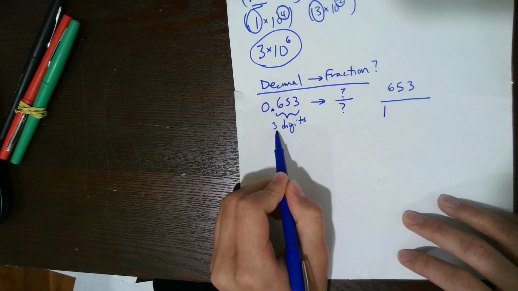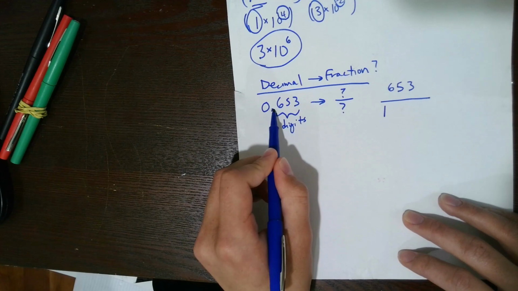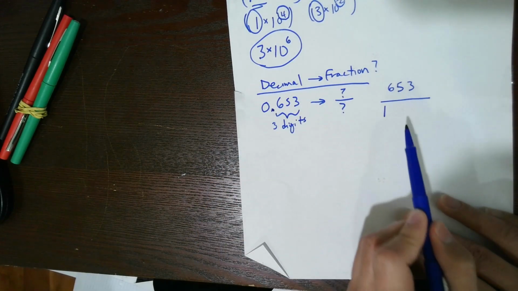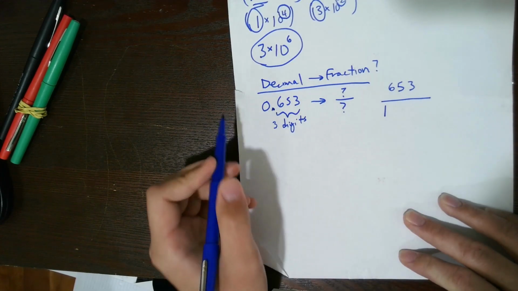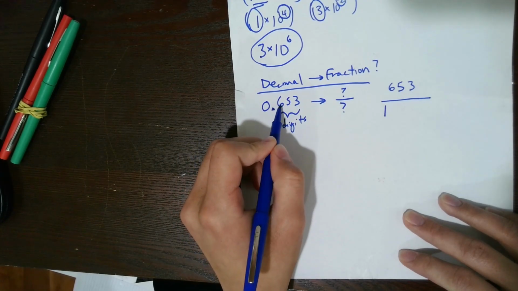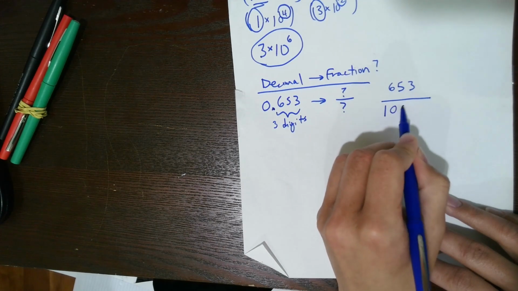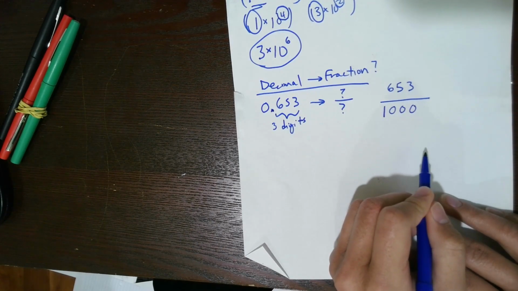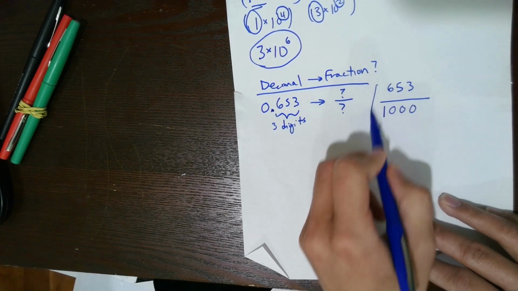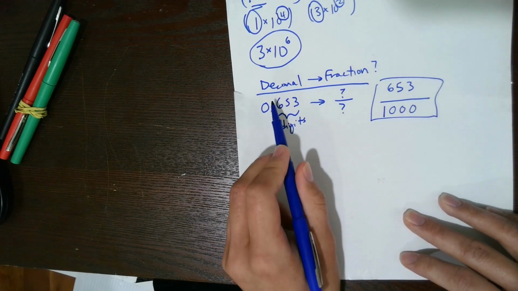The number of digits after the decimal matches the number of zeros that come after the 1. So here we look at the digits. We have 1, 2, 3 digits, which means that we're going to have 1, 2, 3 zeros after the 1 in the denominator. And this is how you turn a decimal into a fraction.